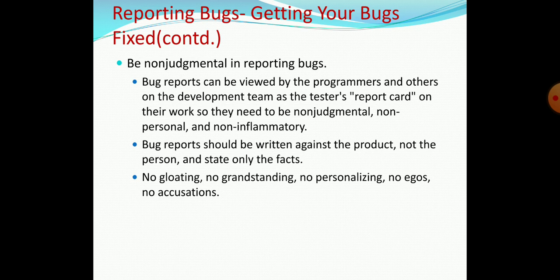Or the person who is like your enemy, or not exactly enemy, but the person with whom you are not in a proper handshaking mode. You are filing bugs on the work that he has done in a very harsh way, giving the highest priority and highest severity even if the bug is a minor one. So this should not be the condition. It should be non-judgmental in reporting the bugs.